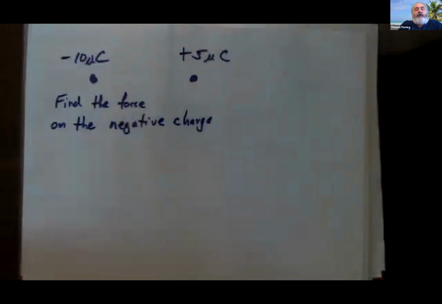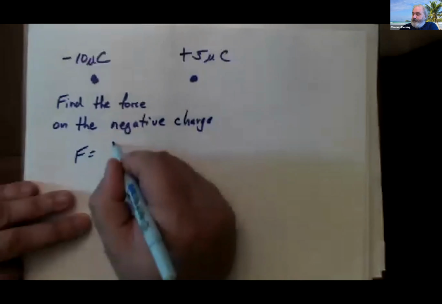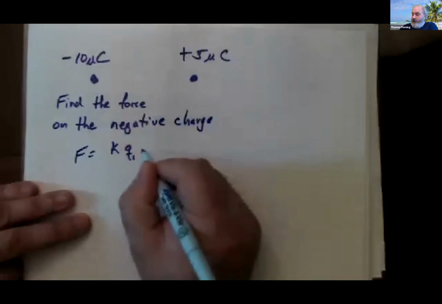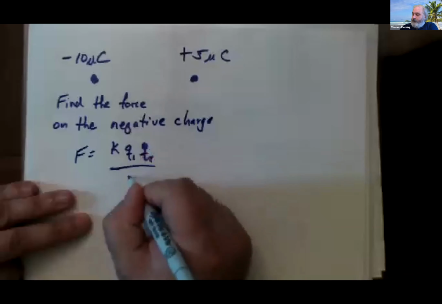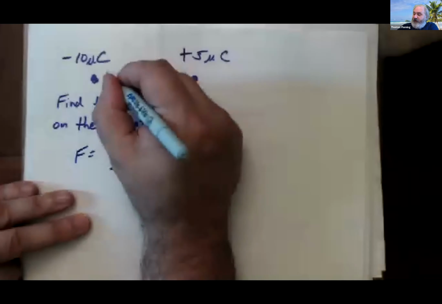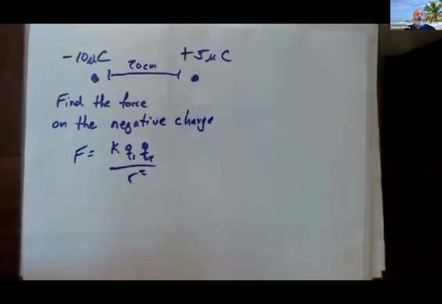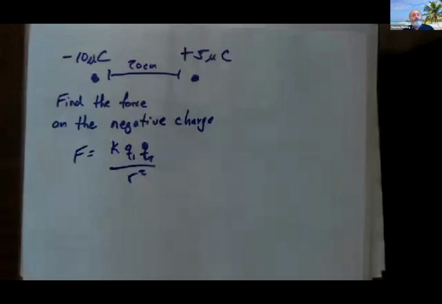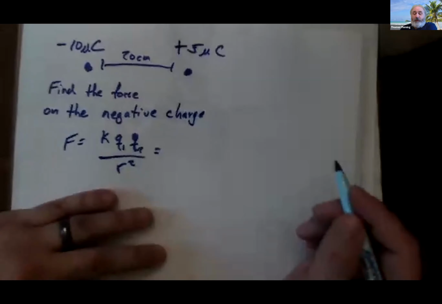So what force am I going to experience in this problem? Well, I know I'm going to use the Coulomb force law, which is k q1 q2 over r squared. Let's have these guys be 20 centimeters apart. And so I go to figure this out, and it's just a matter of plugging in numbers.